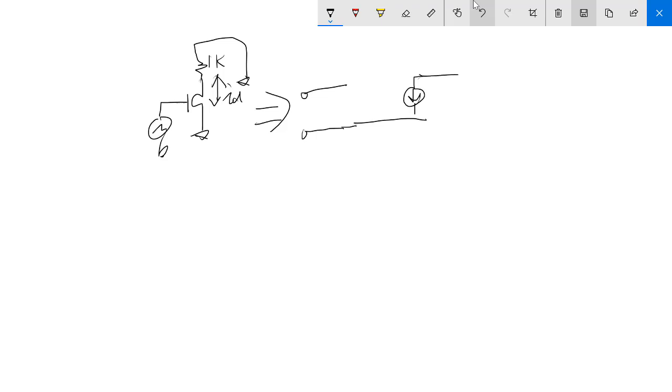We know the NMOS is a voltage controlled current source. And that's a 1K resistor. So plus minus VGS, and this is GM VGS.